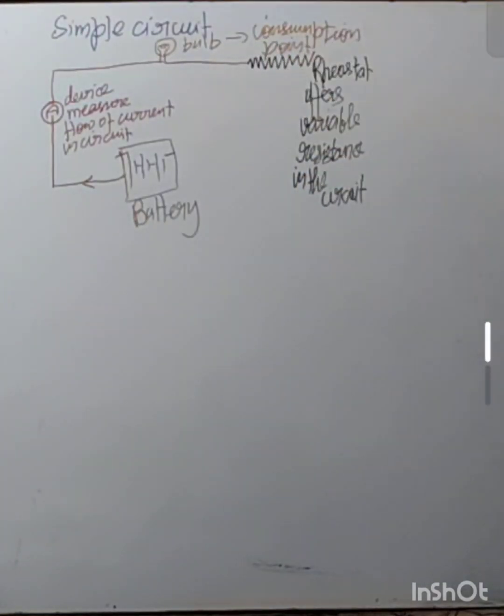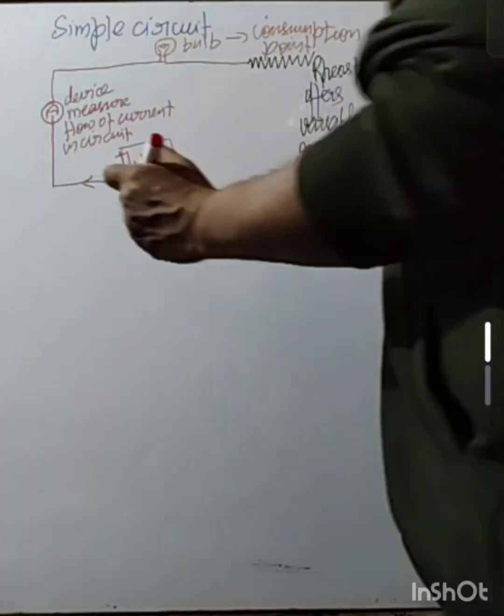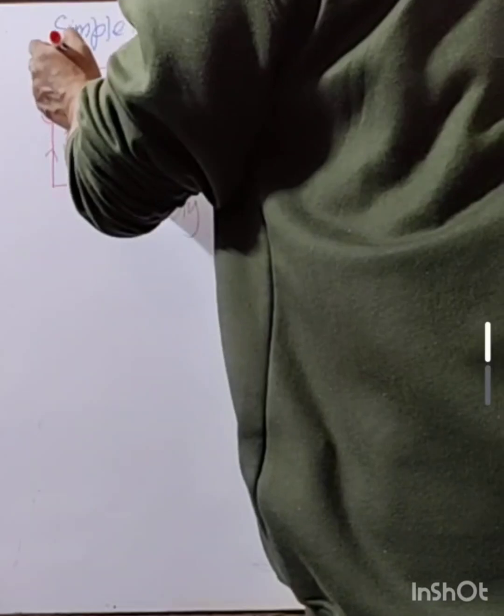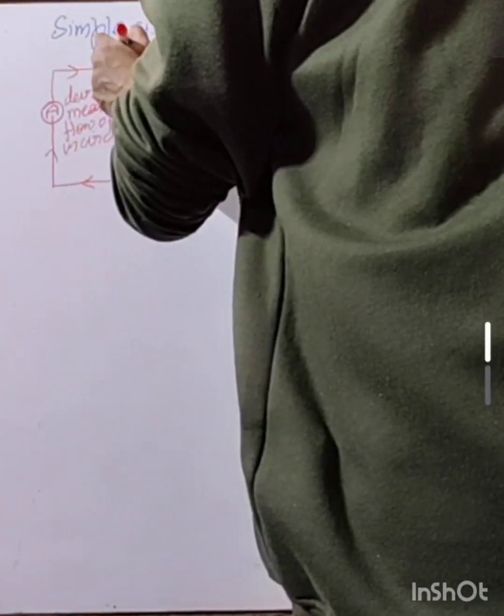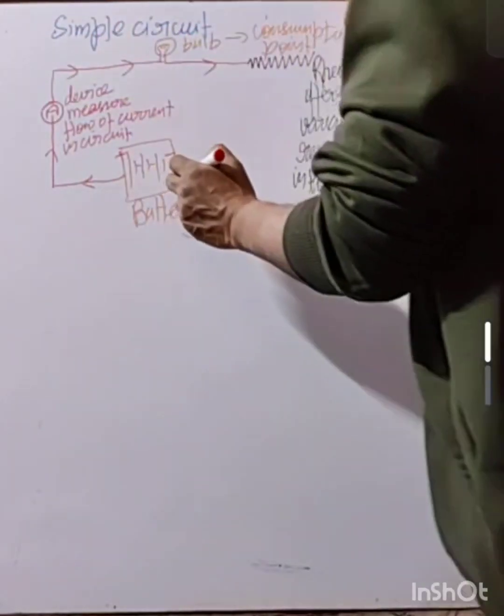This is offering variable resistance in the circuit. So current is flowing in this direction.